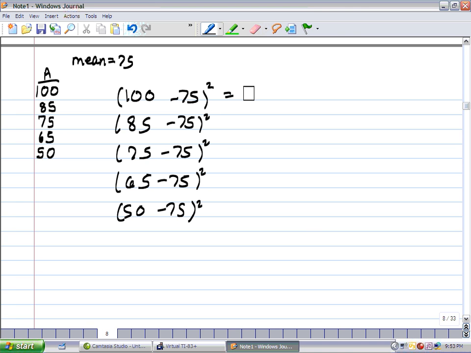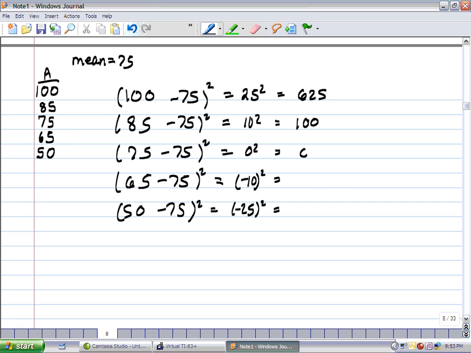So 100 minus 75 is 25 squared. 10 squared. 0 squared. Negative 10, so it has to be in parentheses. Negative 25, so it has to be in parentheses. So that'll be 625, 100, 0, 100.